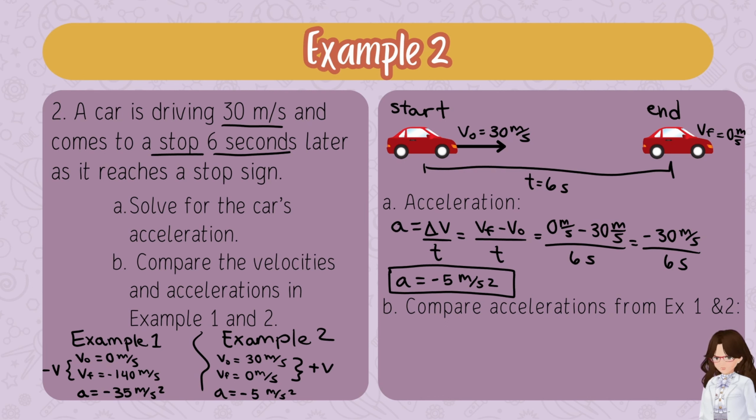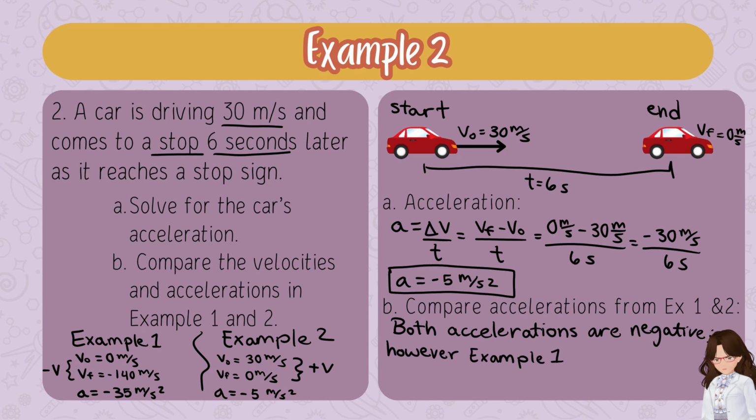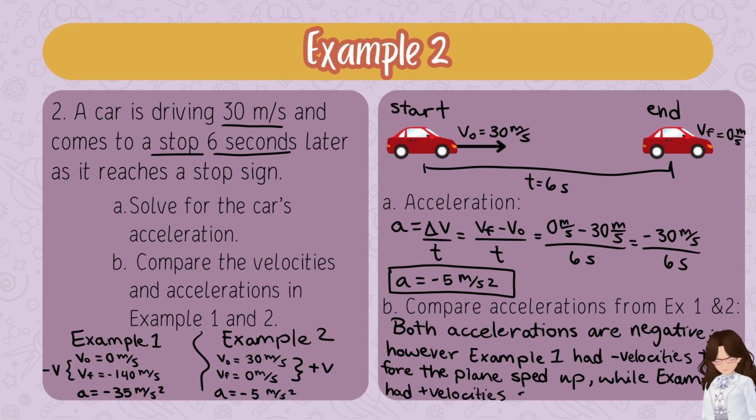So when I'm looking at the two different behaviors, both accelerations are negative. However, example 1 had negative velocities, therefore the plane sped up, while example 2 had positive velocities, so the car slowed down.